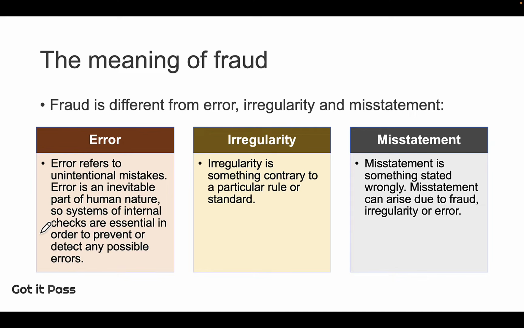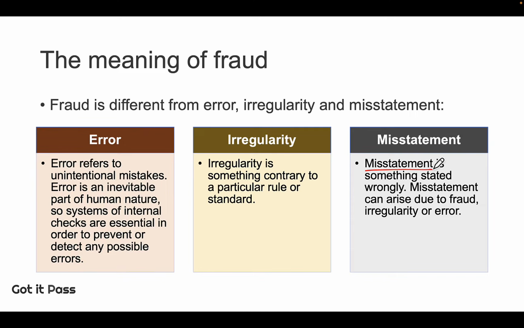Misstatement. Misstatement is something stated wrongly. Misstatement can arise due to fraud, irregularity, or error. For example, the accountant has already input a purchase invoice into the accounting system, but she forgets she has input that invoice, and maybe after lunch she inputs the same information into the system again in the afternoon.